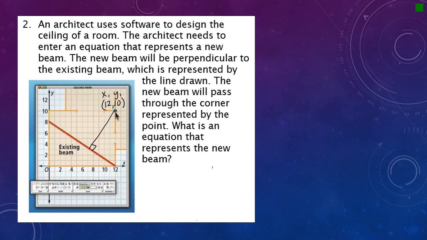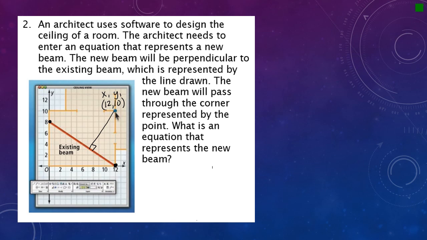And then we also need to figure out the slope of the existing beam by counting rise over run. And then we'll take the opposite reciprocal of that. So I think the easiest thing to do actually would be to use this point here and this point here. I know that there are other points that we could use, but those are very clear-cut points.